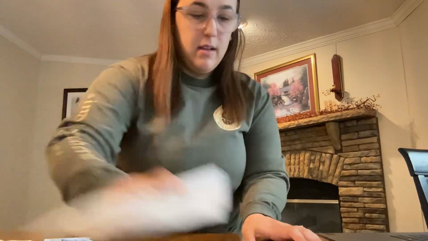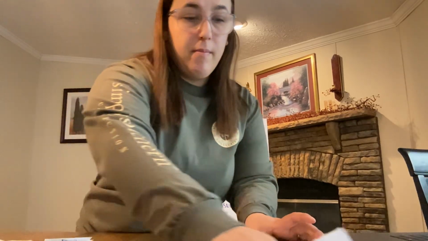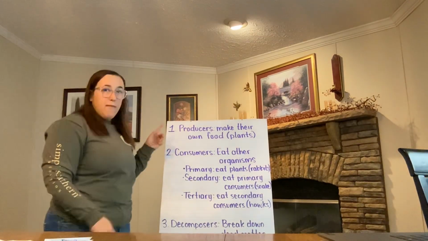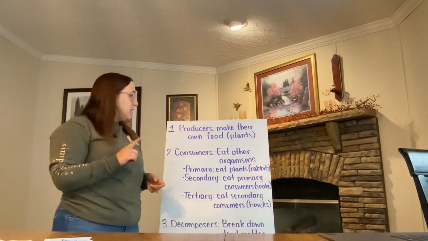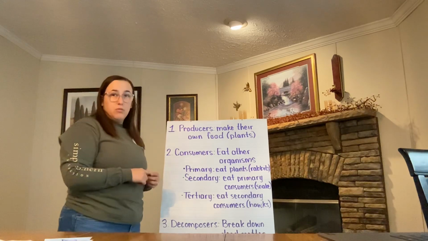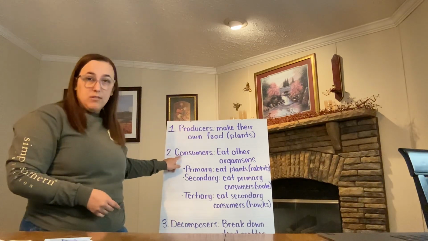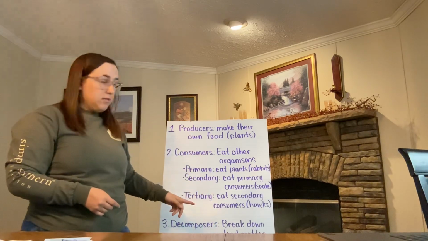So now, let's go over our vocabulary words real quick before I let you guys separate and do this game by yourselves. First, we have our producers, which is our plants, which they make their own food. Next, we have our consumers. They eat other organisms.